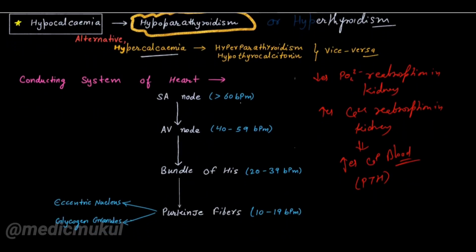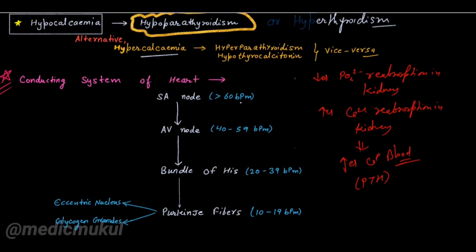Then the next topic is the conducting system of the heart. It mainly provides automaticity. There is some automatized tissue present in our heart that produces its own heartbeat.